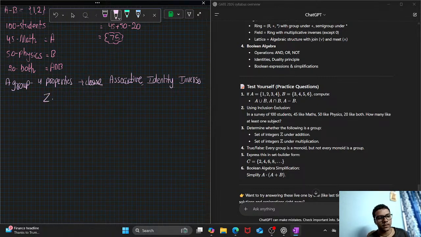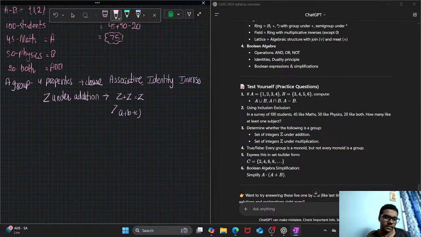So Z under addition, the set of integers under addition, there should be closure. Z plus Z will be Z, and (A plus B) plus C will be A plus (B plus C), that's true. And A plus 0 is equal to A, that is the identity element, and A plus minus A is equal to 0, so that is the inverse.